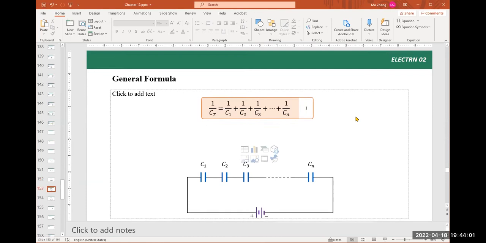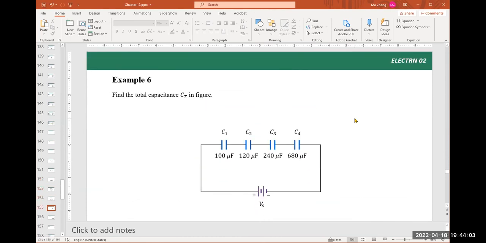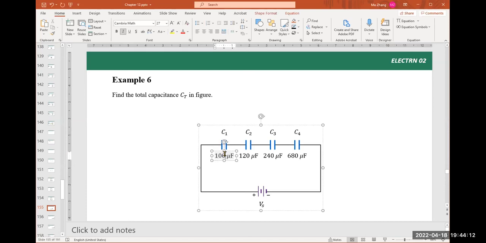So let's have some examples. Here, we want to find the total capacitance CT for the following circuit. C1 is 100 microfarad, C2 is 120 microfarad, C3 is 240 microfarad, and C4 is 680 microfarad.